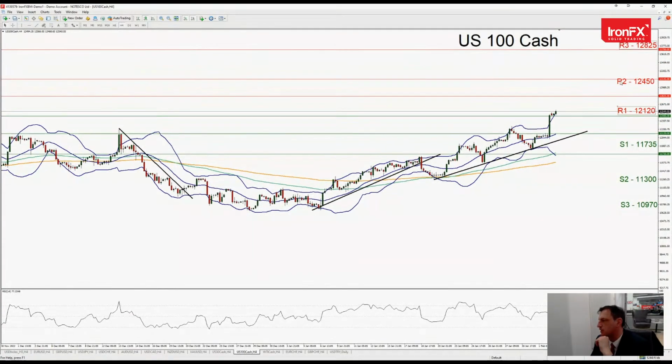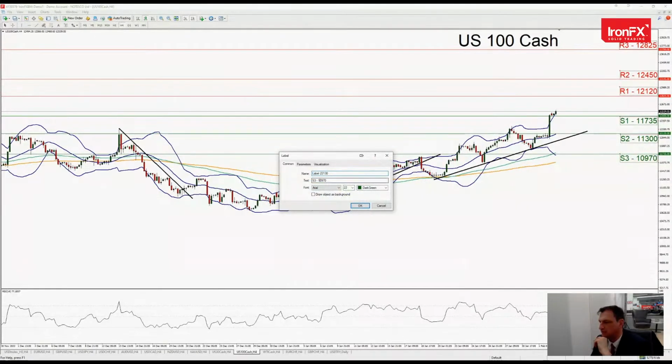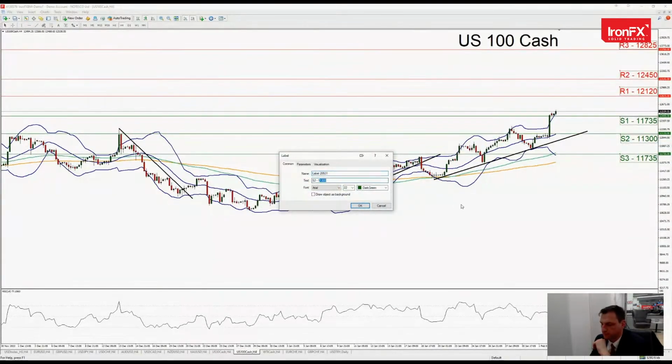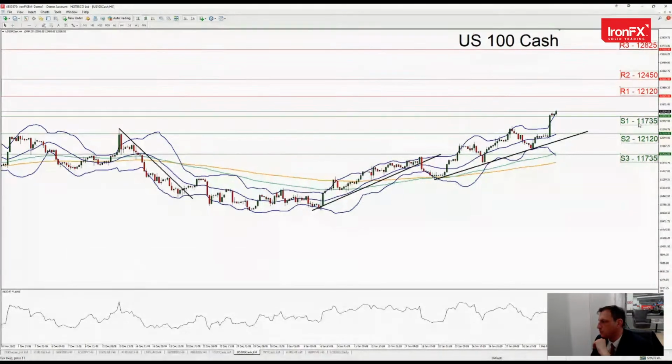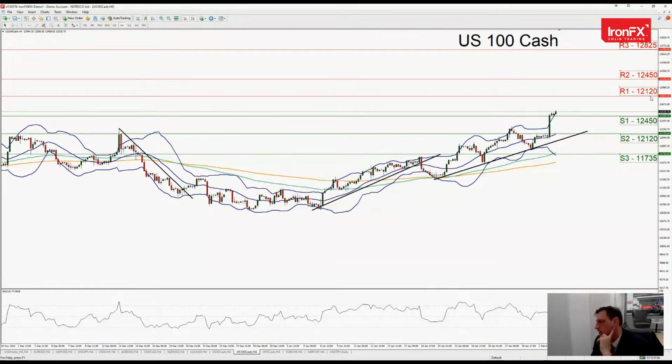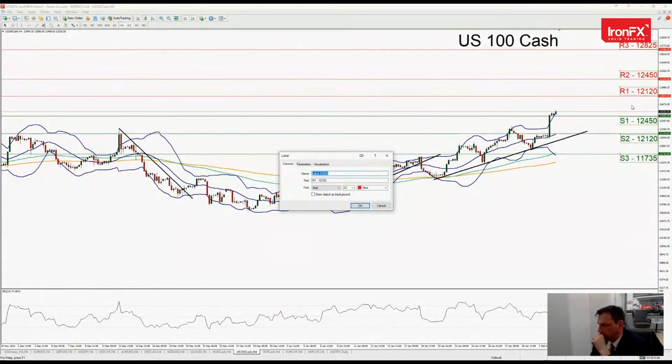Let's make the corrections on the labels as well. Turning the S3 at 11,735, the S2 at 12,120, the S1 at 12,450, the R1 at 12,825.